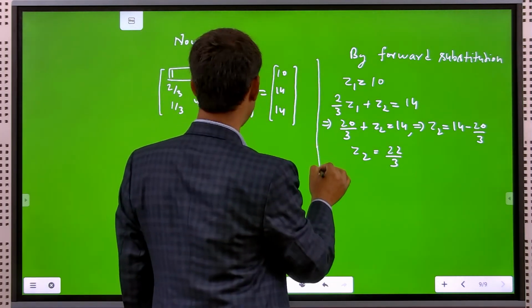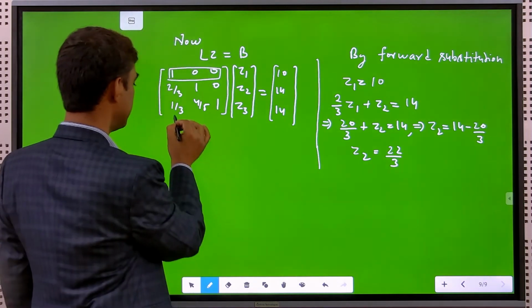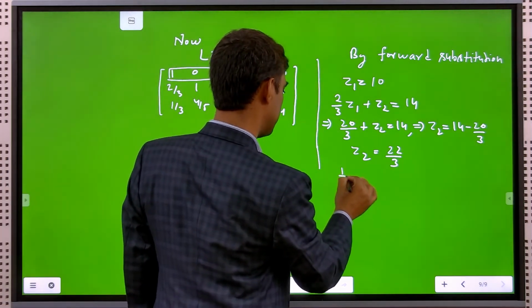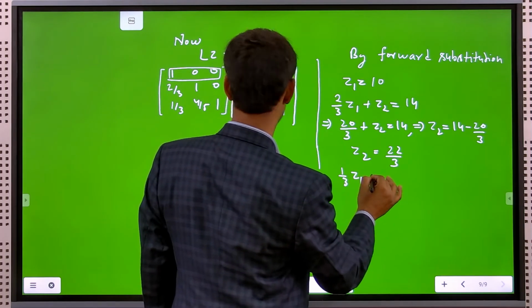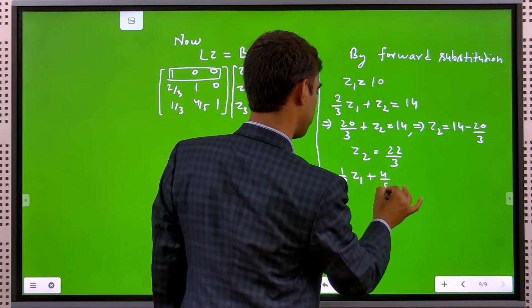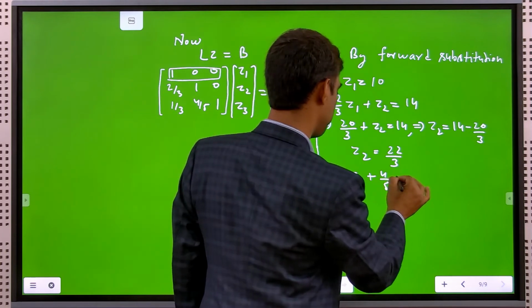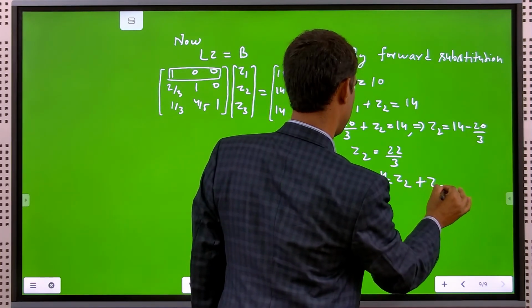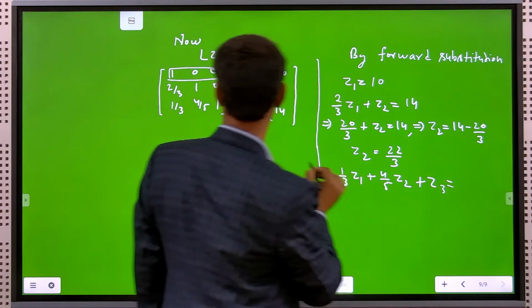Similarly, we find the value of Z3 by multiplying the third row by this column. This becomes 1 by 3 Z1 plus 4 by 5 Z2 plus Z3 equals what? Equal to 14.